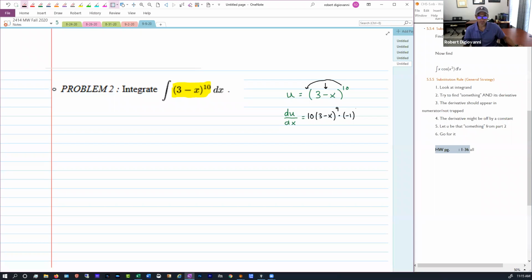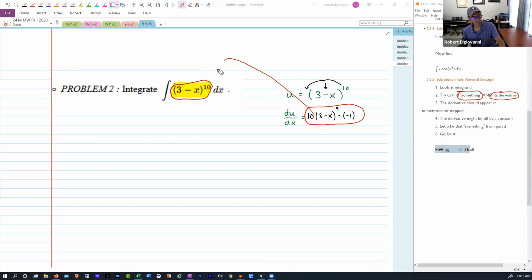Yes? Okay, now let me ask you, German. Go back over here and look at this method. The method said you were supposed to try and find something, which you did. Here's your something. And you also need to be able to see its derivative. So here's its derivative.